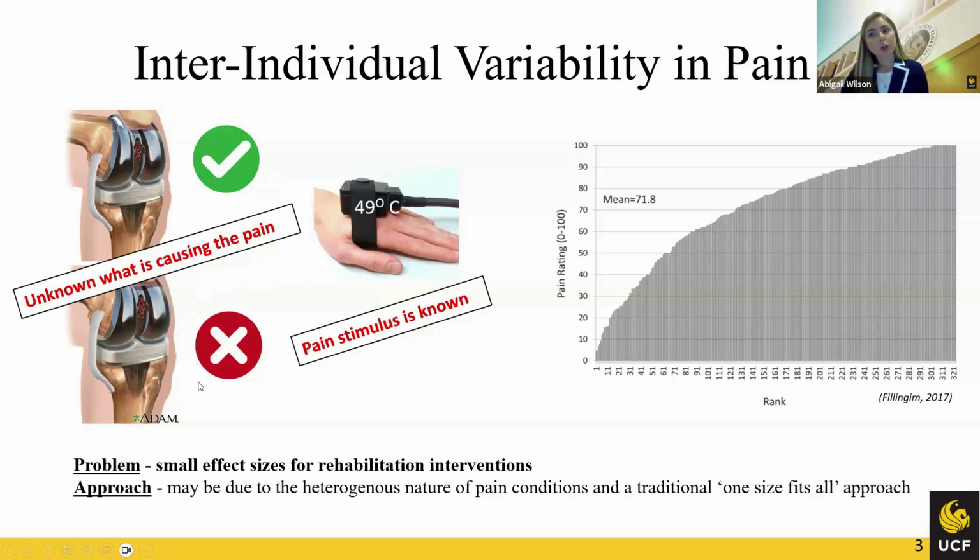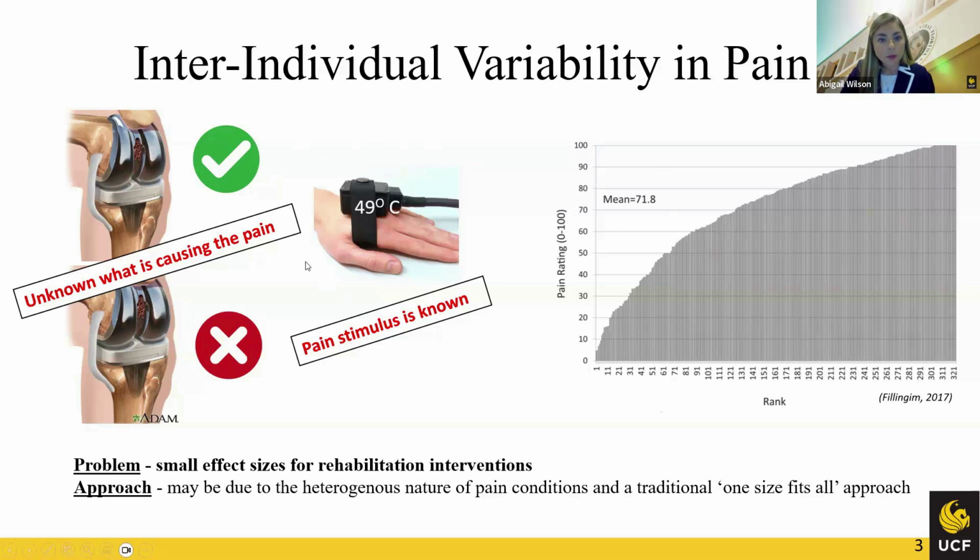Now, in the laboratory setting, we can experimentally induce pain with different sensory stimuli, and the collection of methods is called quantitative sensory testing. So with quantitative sensory testing, we do apply different heat, pressure, and cold stimuli at different intensities for the purposes of characterizing pain sensitivity.